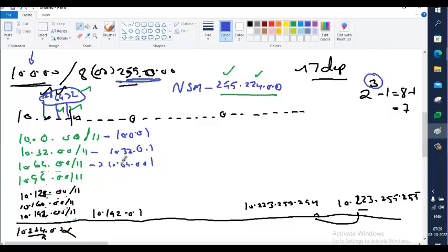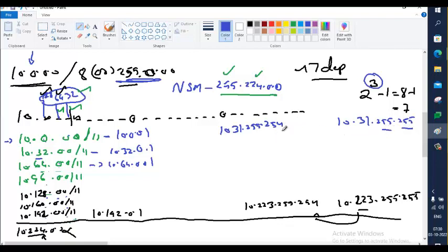Now, what will be the broadcast of the first department? 10 dot, see the next network, 32. So here it will be 10.31.255.255. The last IP will be 10.31.255.254. In an octet, the maximum is 255.